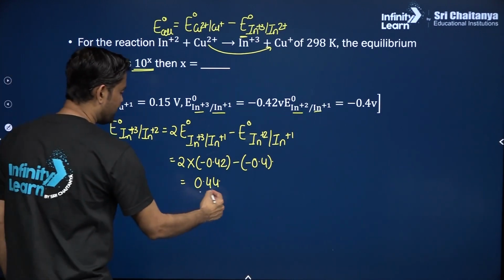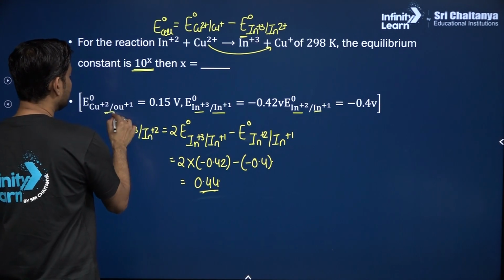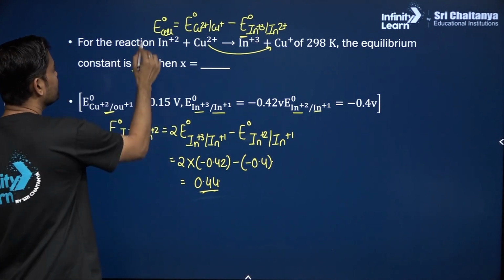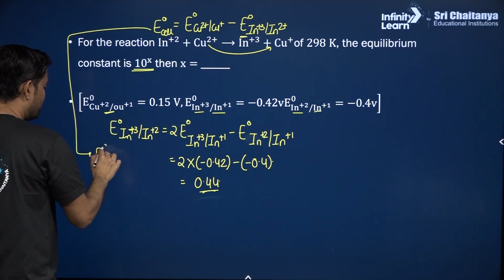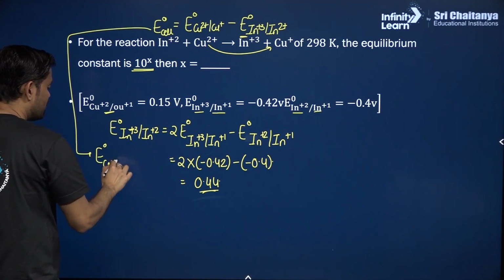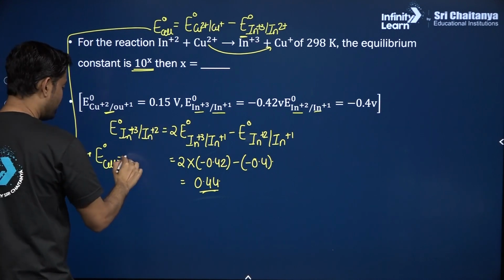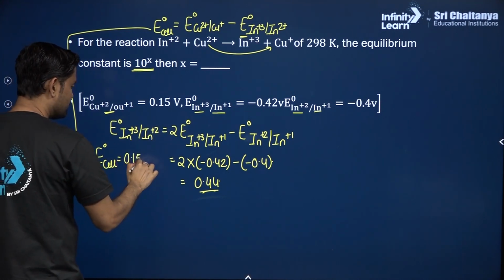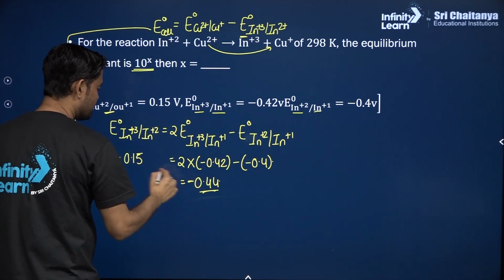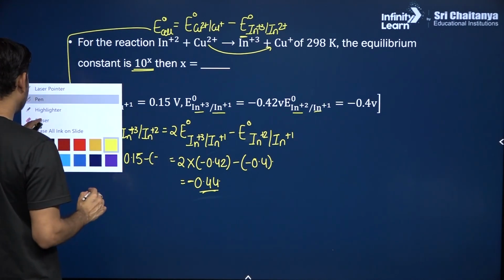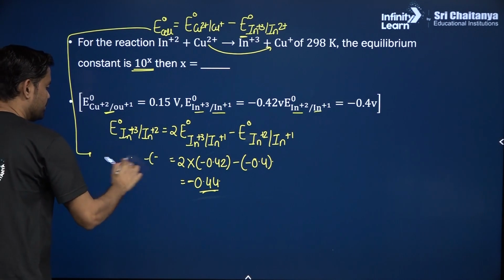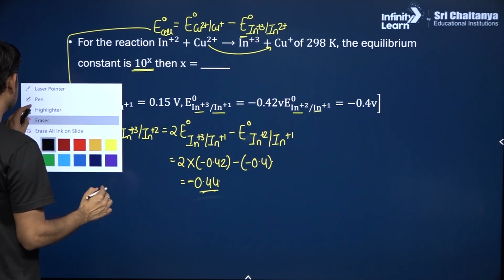Now we have this value, we have the copper value. Can we get that E naught value over here? So from this, can we say E naught of cell is equal to how much? 0.15 minus of, wait a sec, yes.